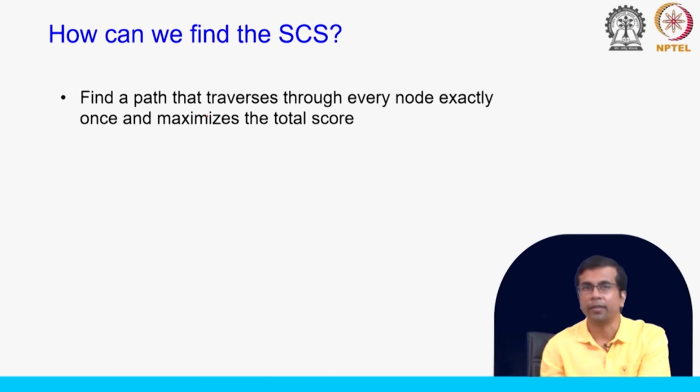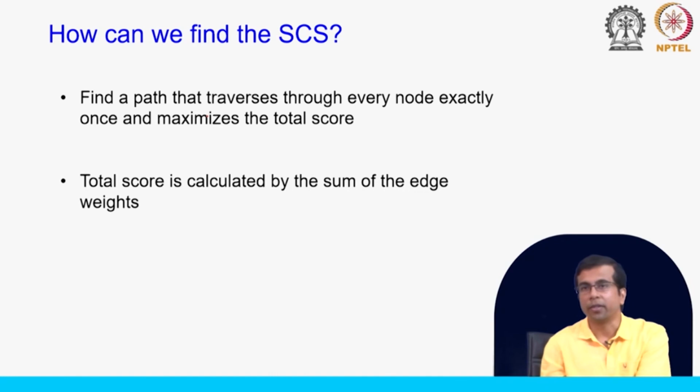Why every node exactly once? Because we have reads, and we are using each read only once, not multiple times. The total score is calculated by the sum of the edge weights. So, if you are traversing through, let us say, edge weight 4, then edge weight 5, you simply add these, 4 plus 5 plus and so on, and you get the final score.